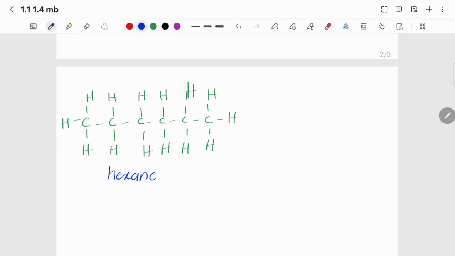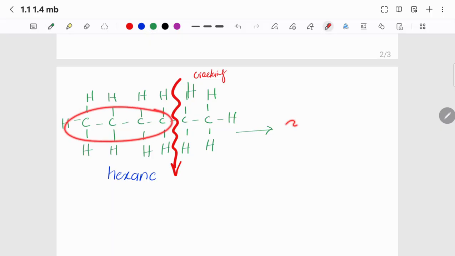Now, through cracking, we will break down this molecule. For example, if I break it down from here, there would be two different molecules. One has 4 carbons, 1, 2, 3 and 4, and the other has 2 carbons, 1, 2.